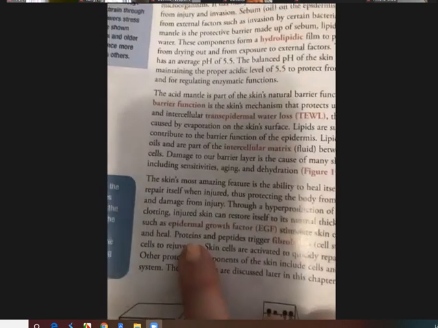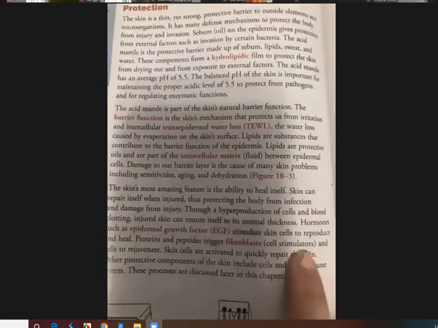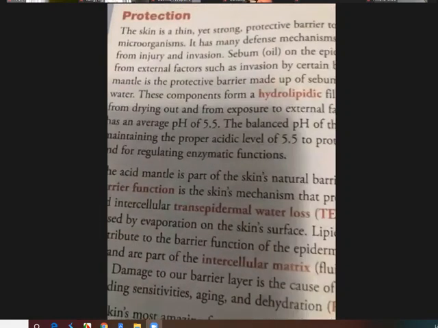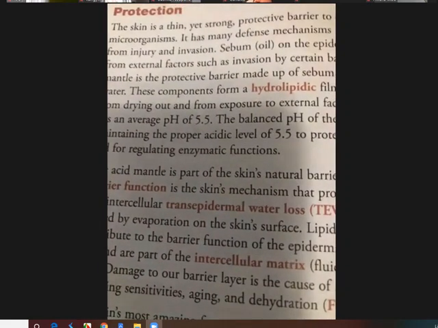Okay, now proteins and peptides trigger fibroblast, which is a cell stimulator and cells to rejuvenate. Okay, so fibroblast is an action. Fibroblast is a cell stimulator.